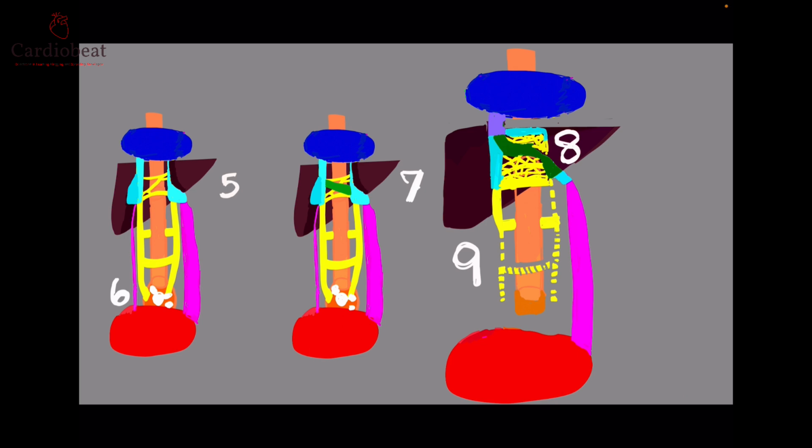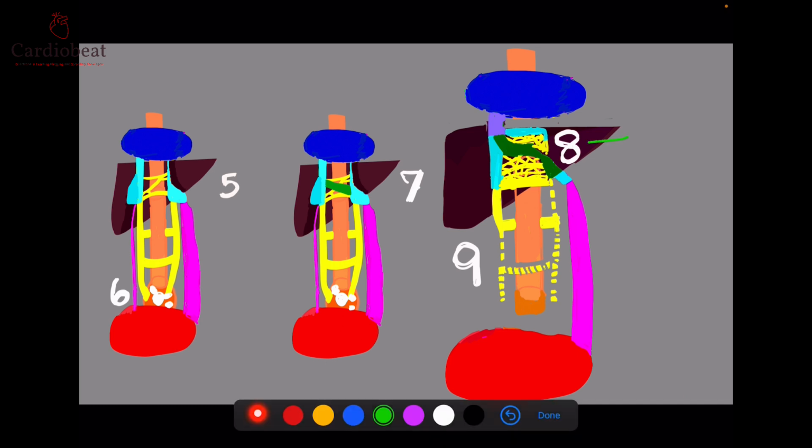Now let us look into the eighth change that is happening within the system. So the eighth change is the formation of numerous anastomosis.